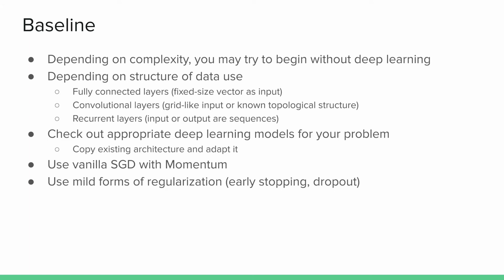We have fully connected layers, where we have fixed size vectors as input. So if the data that we're using has a fixed size input, we could start with fully connected layers. If we have grid-like input data, we could use convolutional layers to start with. And if we have input and output sequences, recurrent neural networks are probably the best starting point to establish a baseline, to get our first draft, our first end-to-end pipeline.